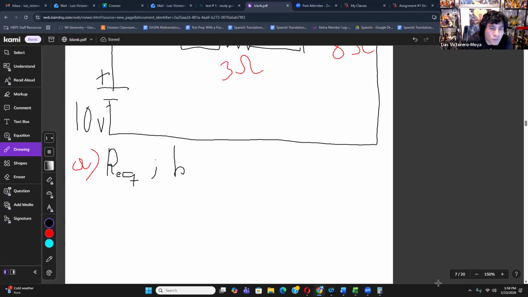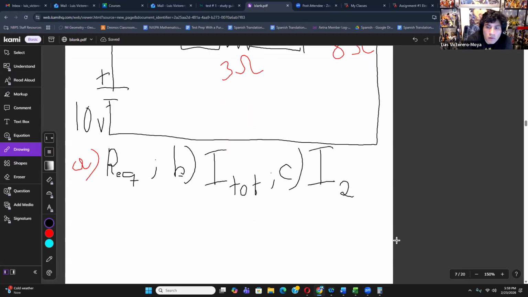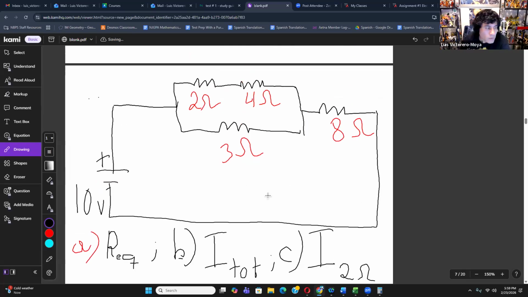Then you're going to find the current on the circuit, I. And then, let's just say you want to find the current at 2 ohms. So how will you do a problem like that? I want you guys to try and do it, and then we go over the solution. I'll give you 3 minutes for this. It shouldn't take more than that.